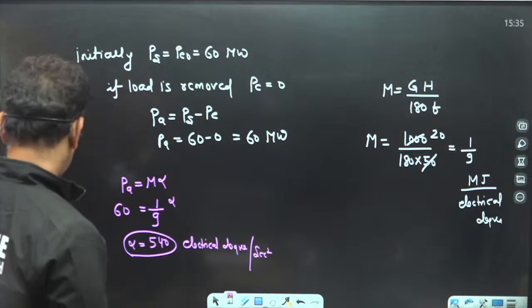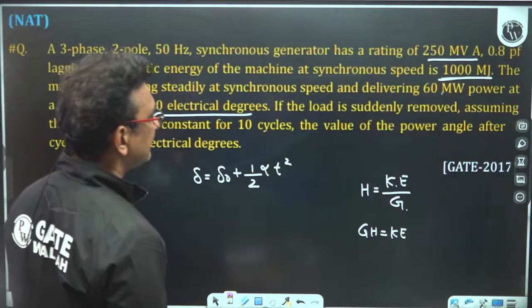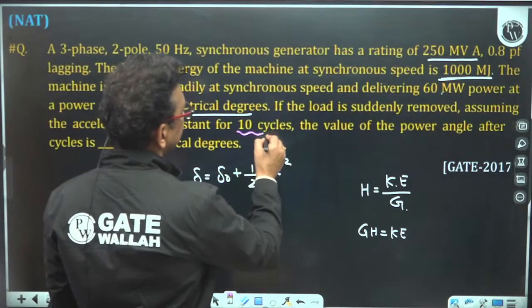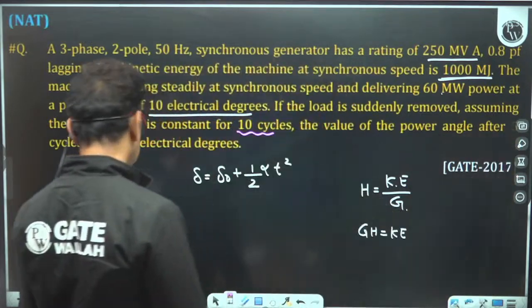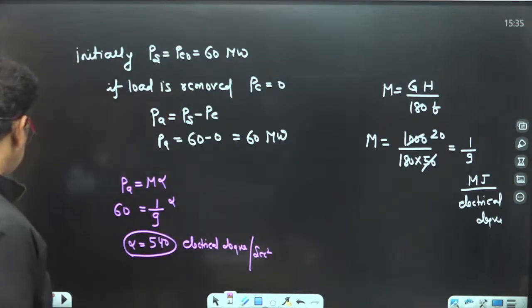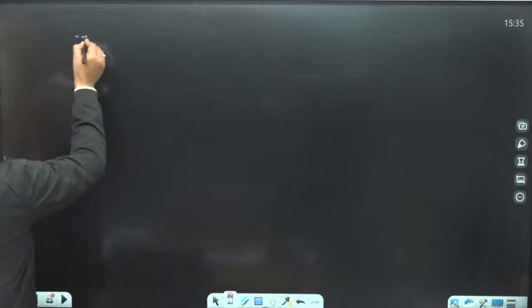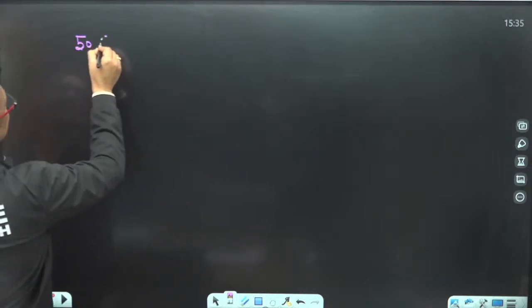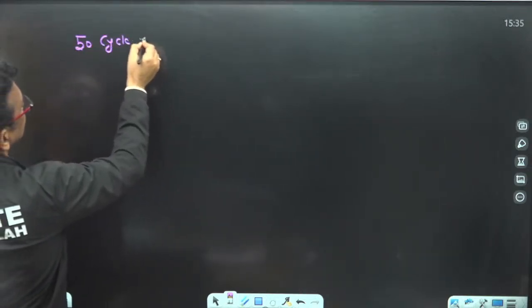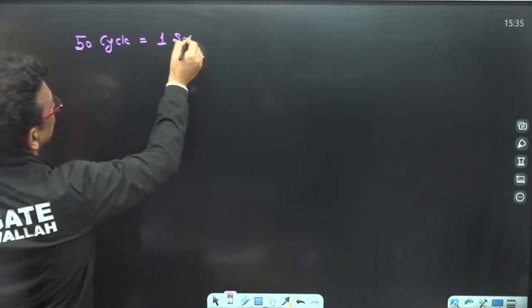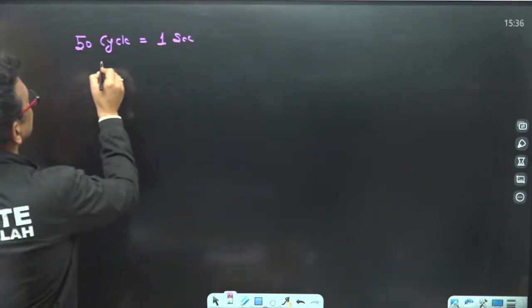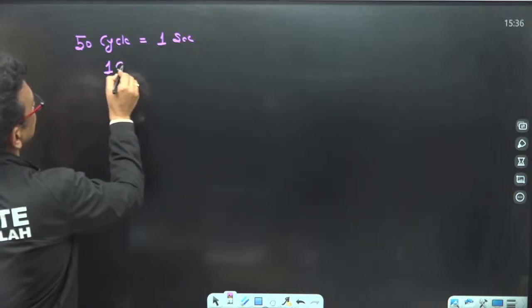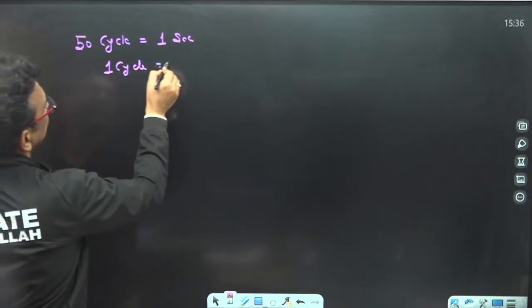Now the oscillation will continue for the 10th cycle, but we have to find out the final angle only after the 5 cycle. So convert the 5 cycle into time. Now the frequency is 50 hertz. 50 hertz means 50 cycle per second, so 1 cycle is equivalent to 1 upon 50 second.